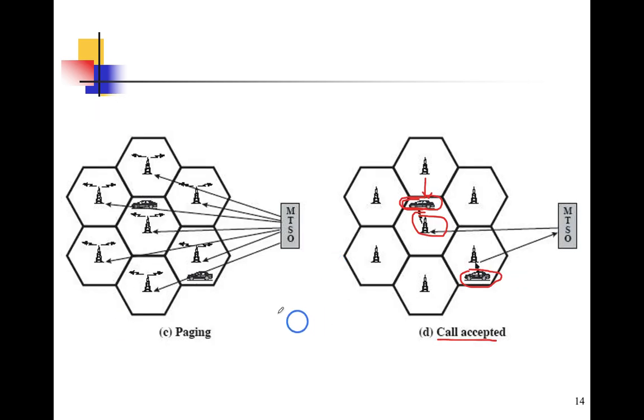This car requests a connection to the MTSO, and the MTSO will do paging, because even though the MTSO knows this area, it needs to make sure that this car is still in the region of that particular cell. And once there is confirmation from this base station that this car is within that cell, then they will try to establish the communication, right?